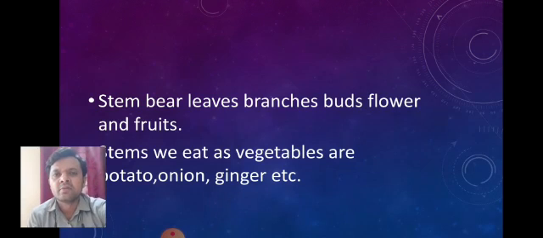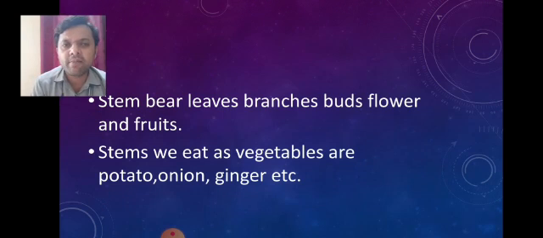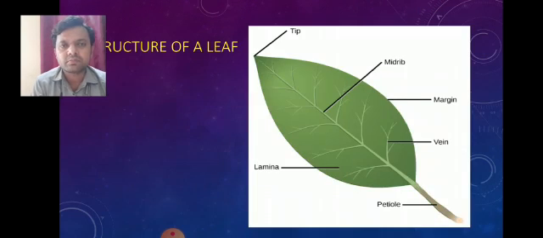Next, stems we eat as vegetables are potato, onion, ginger, etc. Some stems we eat as vegetables, that are onion, ginger, potato, etc. So you all know the stem is very important for the plant as it performs different kinds of important functions. Okay, let's move on.